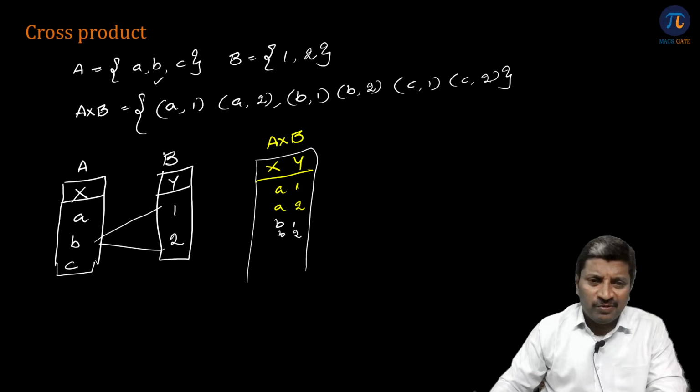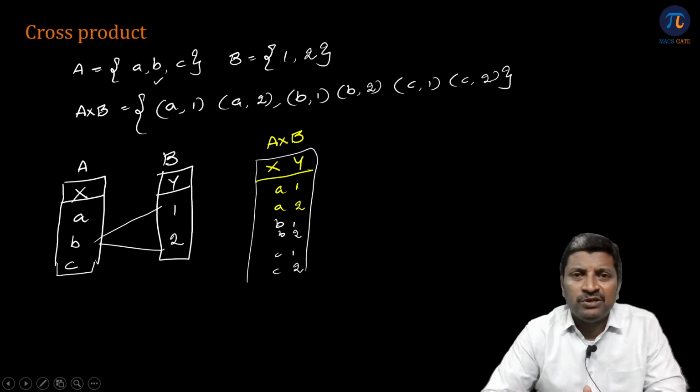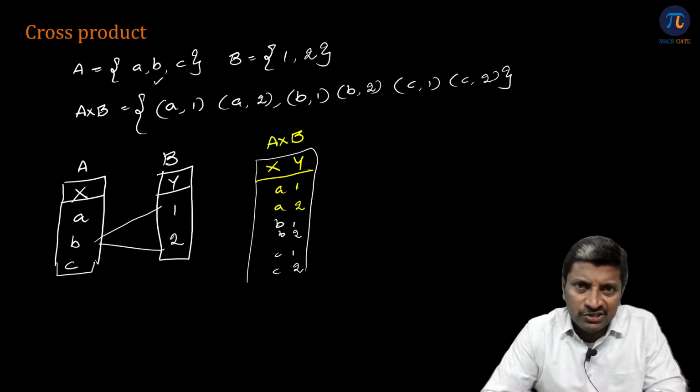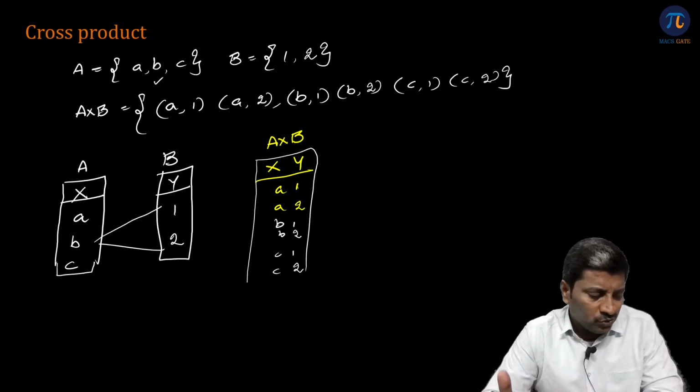Then consider the third element: C1, C2. That means the same cross product we are applying in terms of relations. So this is the mathematics background which we need to continue with our cross product operator in relations. So let's continue.